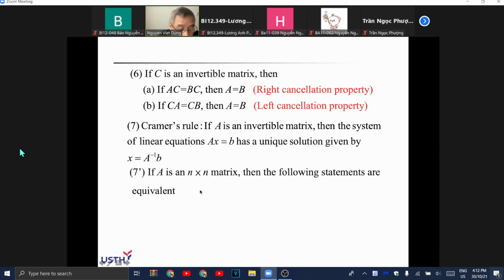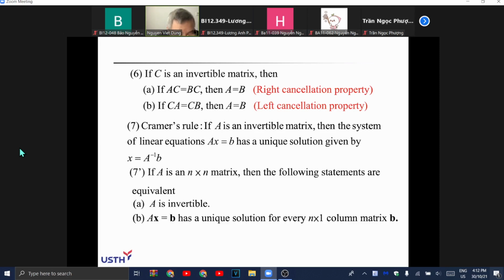And we have property number 7 prime. Suppose that A is an n by n matrix. Then the following statements are equivalent to each other. The first one says that A is invertible.